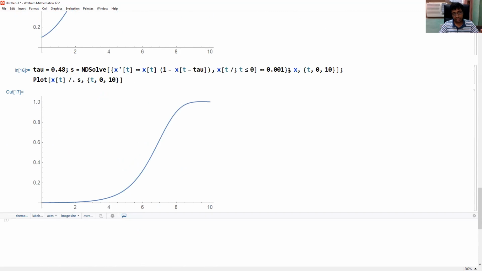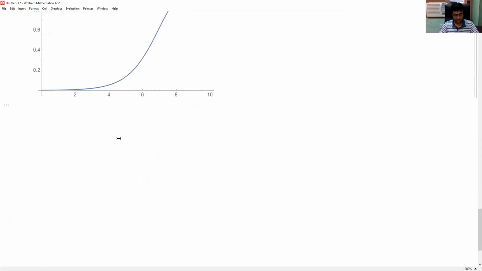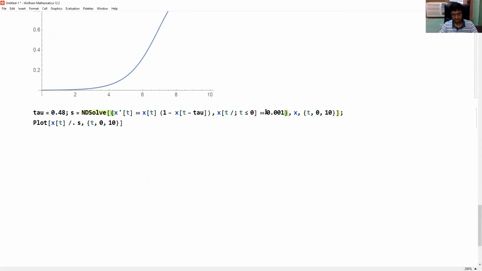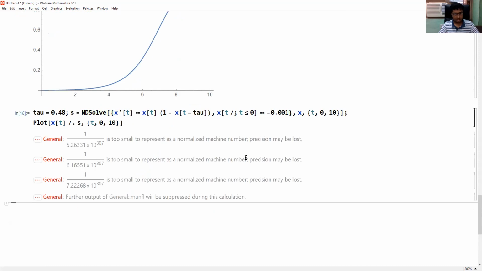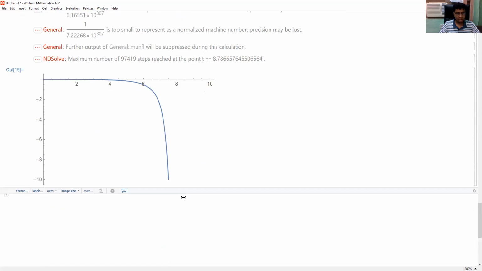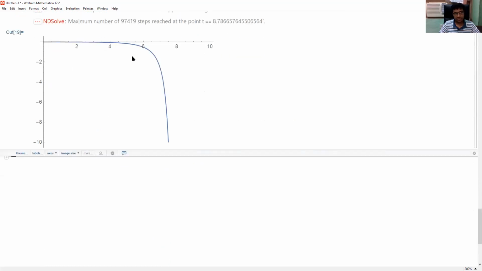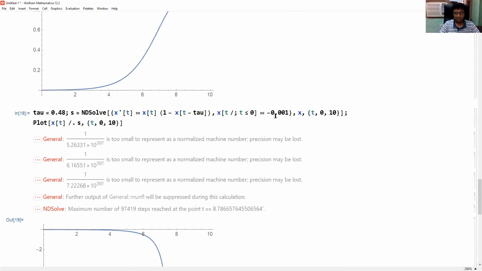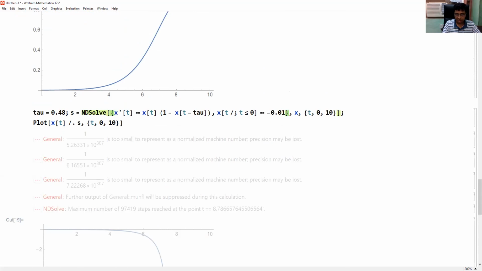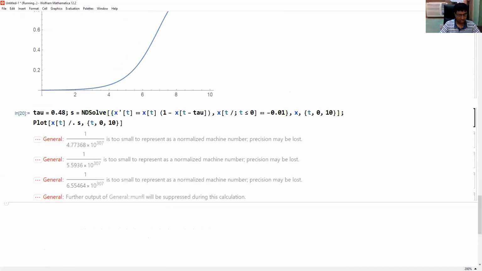What happens if we take an initial condition negative? Let us see. If we take a negative initial condition, still it is going to be unbounded. This is a very small initial condition. Let me take a quite larger one.